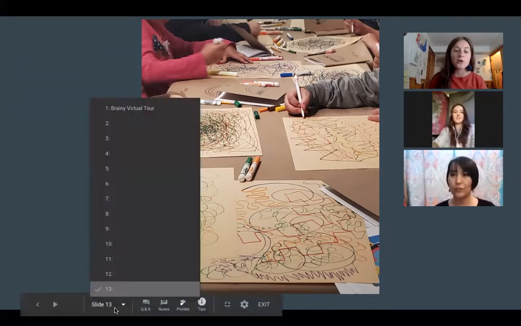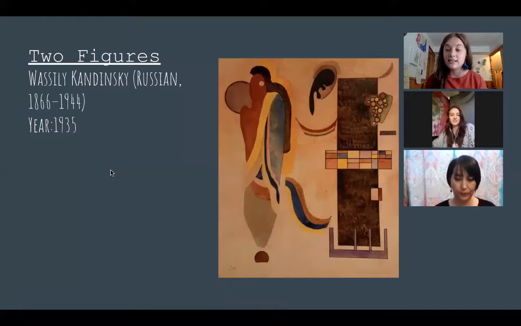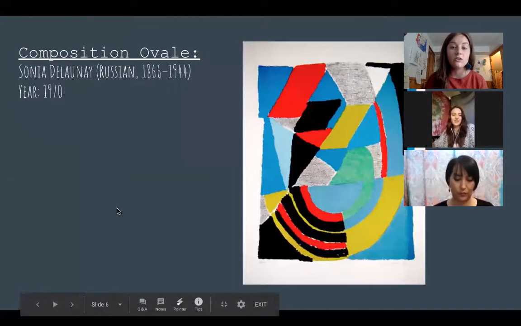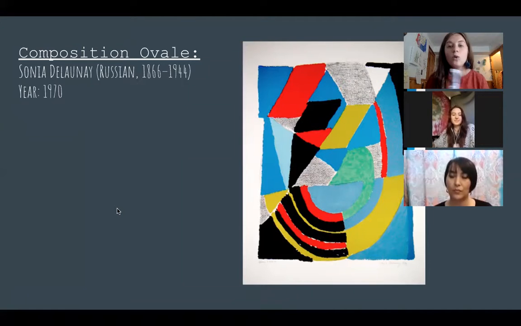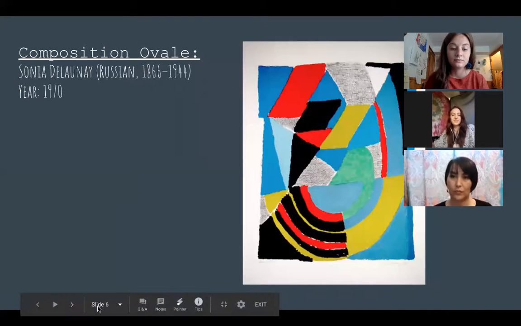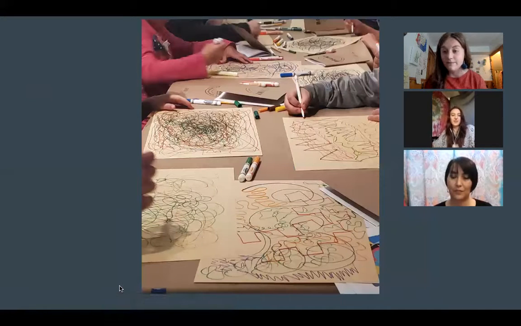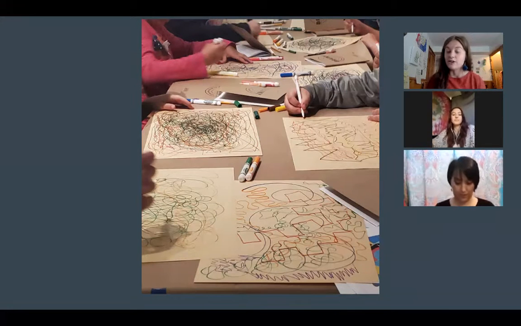If you remember looking back at Kandinsky's piece, what Miss Katie was talking about, and also the Delaunay piece that Miss Priscilla was talking about, what is something that was a really key element from both of these works? We talked a lot about music, right? So we are going to make a single line drawing based on music that we will be listening to.